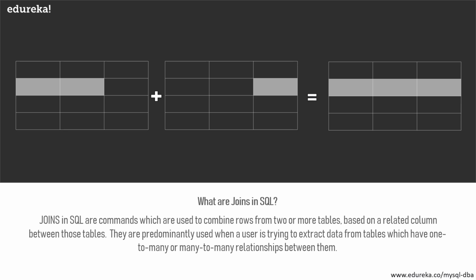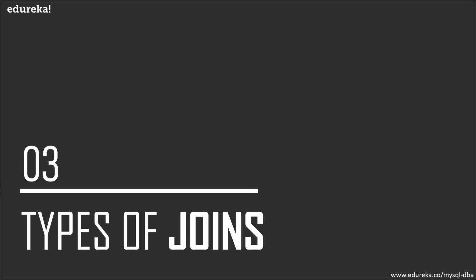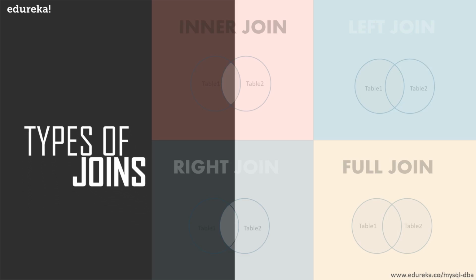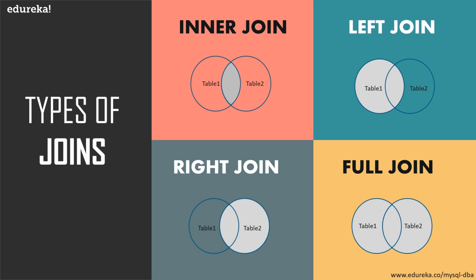Basically, you can join two tables and get the rows of both tables based on a related column. There are mainly four types of joins in SQL: the inner join, the left join, the right join, and the full join. Let's look into each one of them one by one.